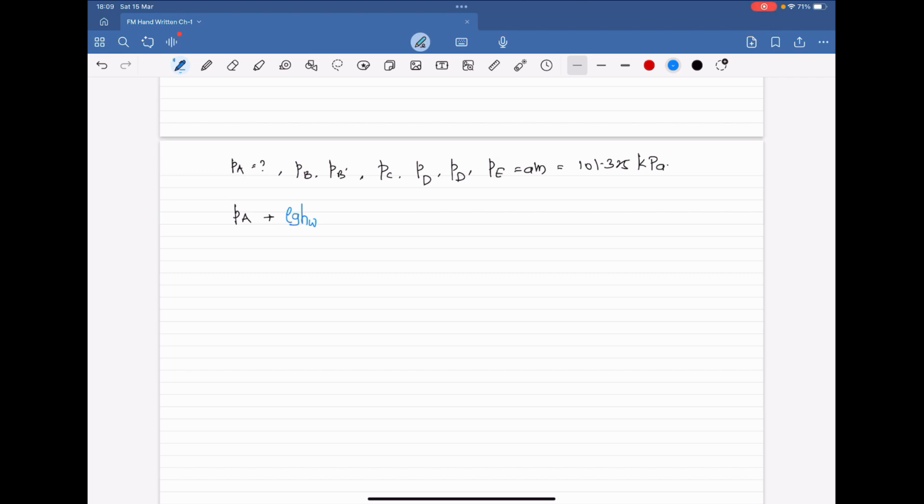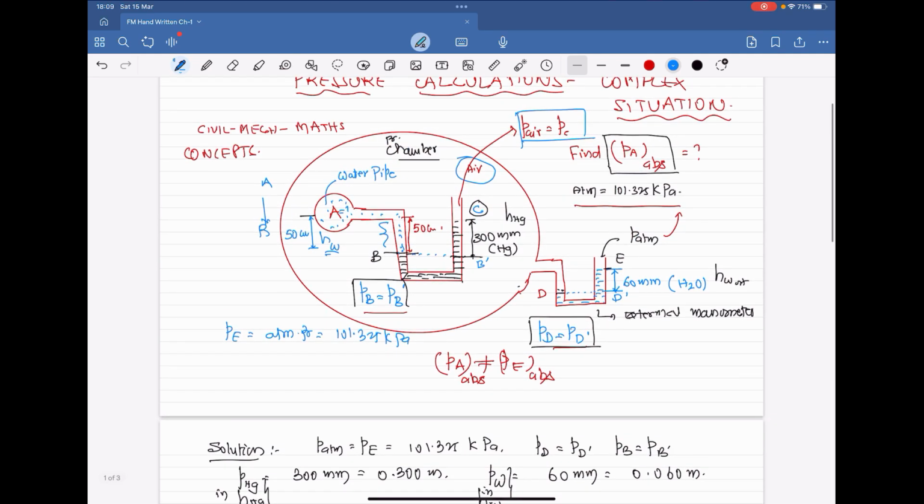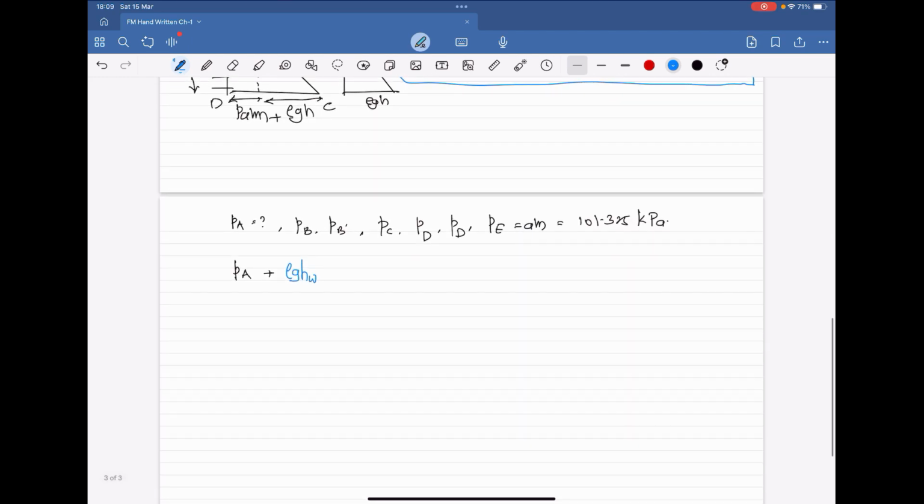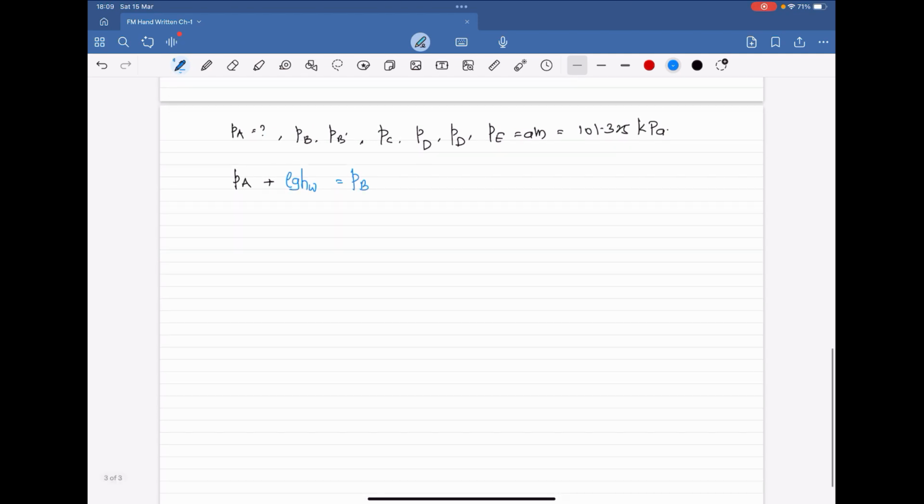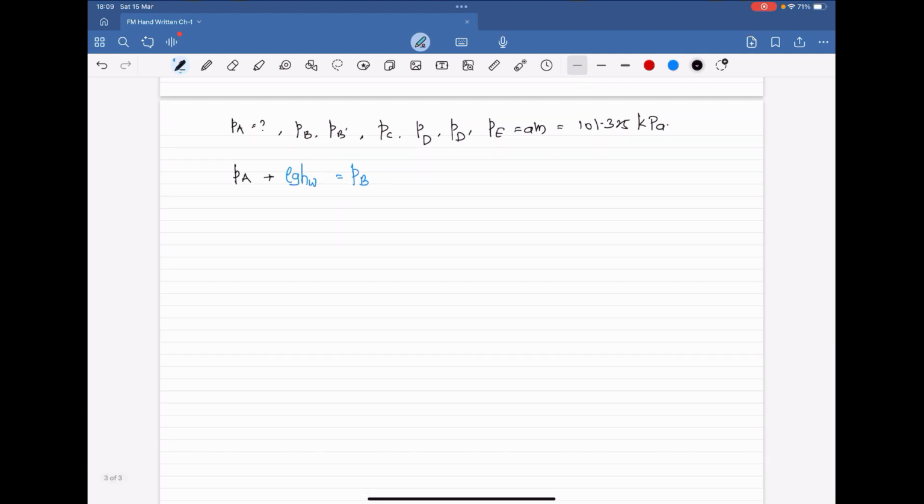Correct? Next. PB value we have got. This is equal to PB. Do you agree? This much you agree? PA we do not know.